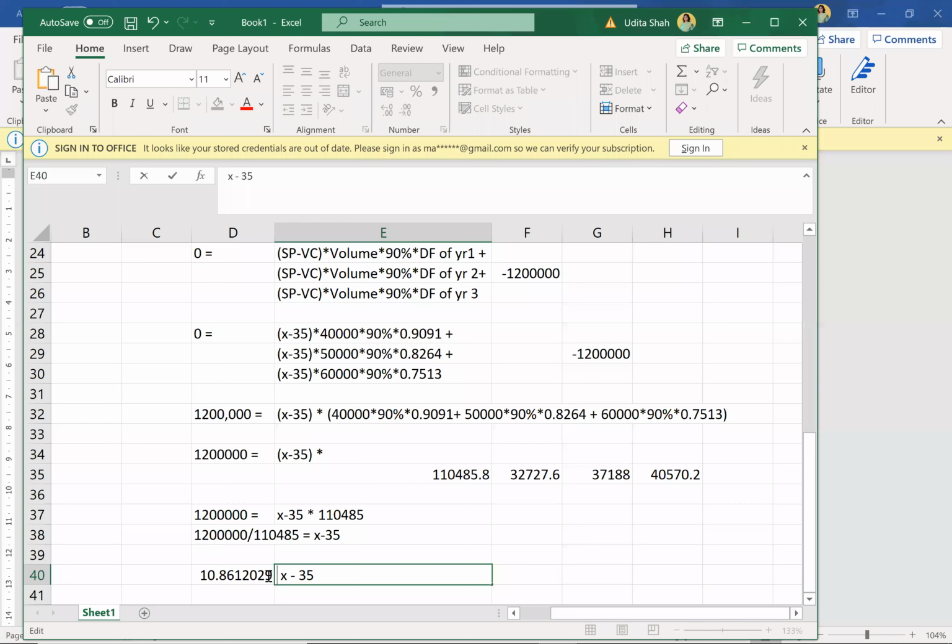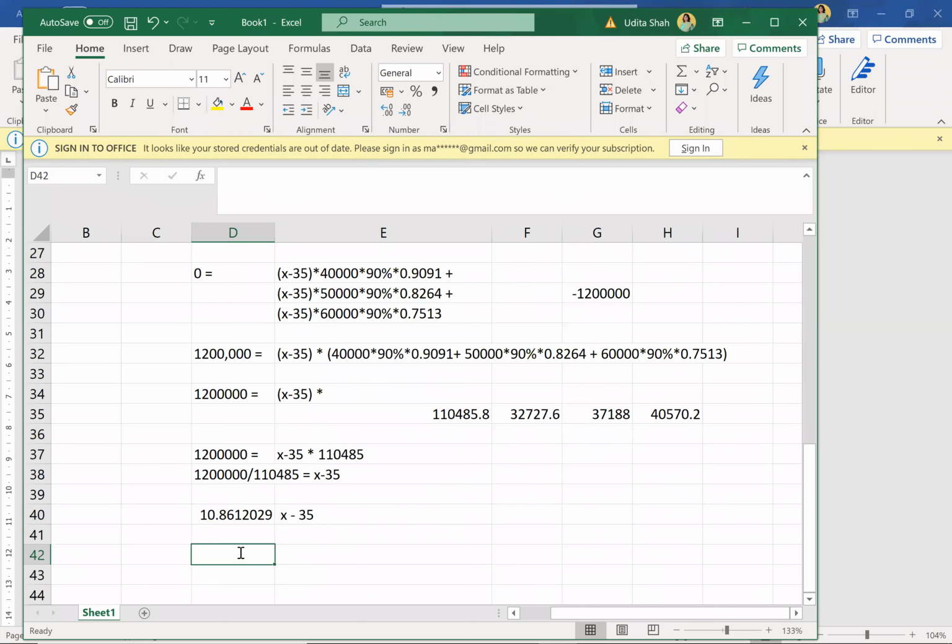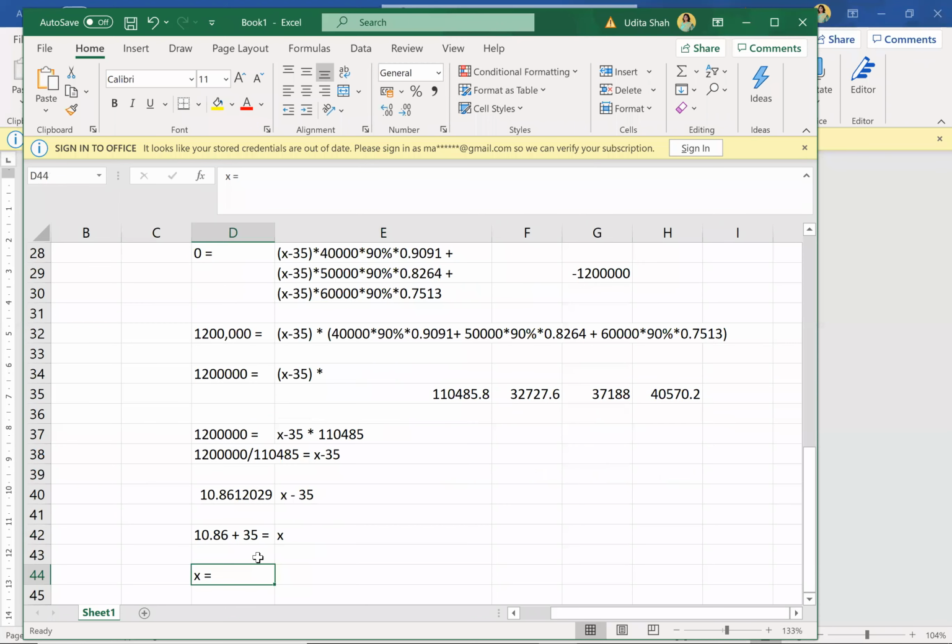Correct? 10.886 will be equal to x minus 35. So what is the value of x? So 35 will come over here. So 10.86 plus 35 will be equal to x. Okay, so what is the value of x? So x is equal to 45.86. So the new selling price will be 45.86.